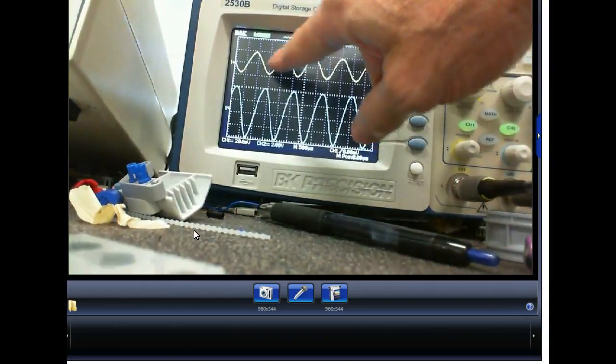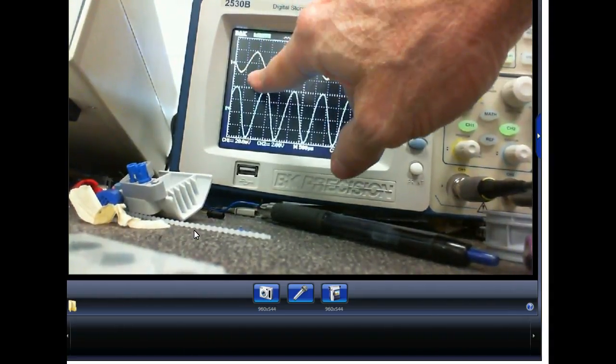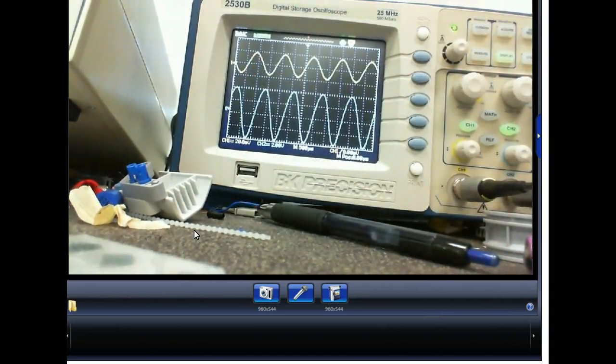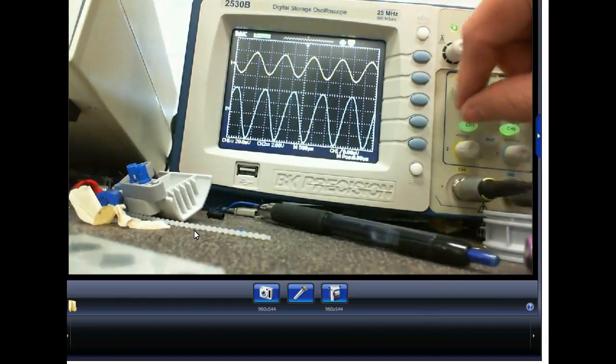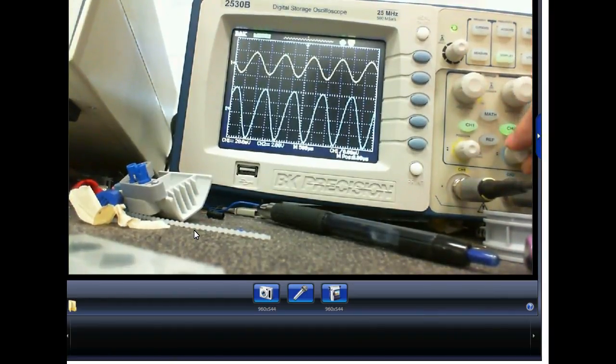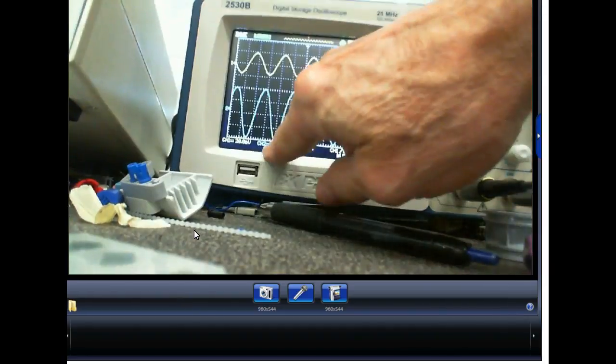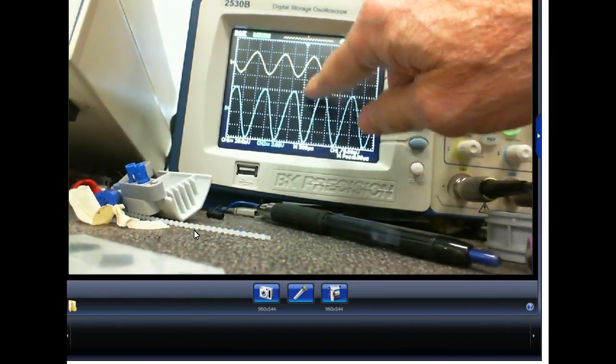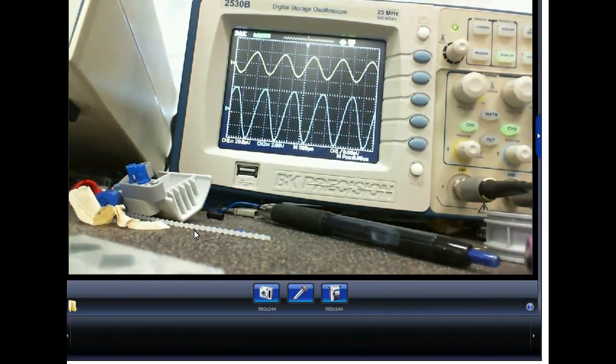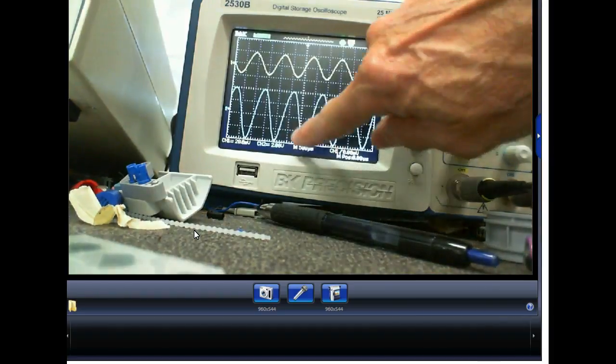We have them on 20 millivolts per division. How many divisions? Two. So it's 40 millivolts in. Millivolts per division, 2, 4, 6, 8. So that's exactly 400. I'm sorry, that's 200.